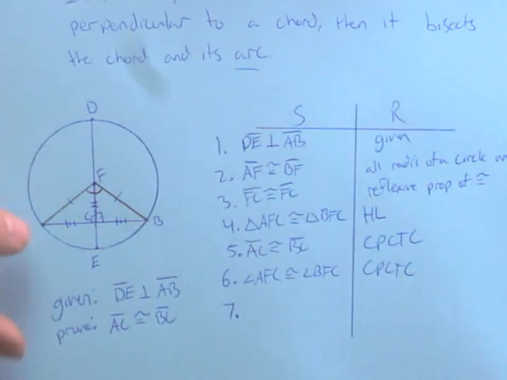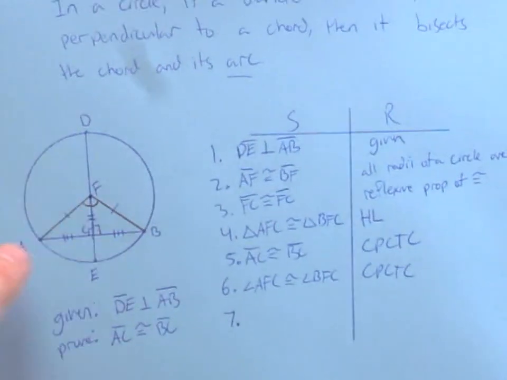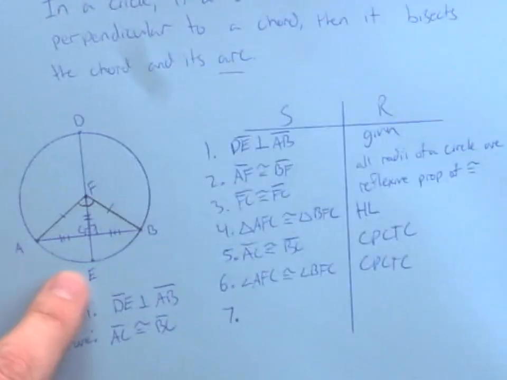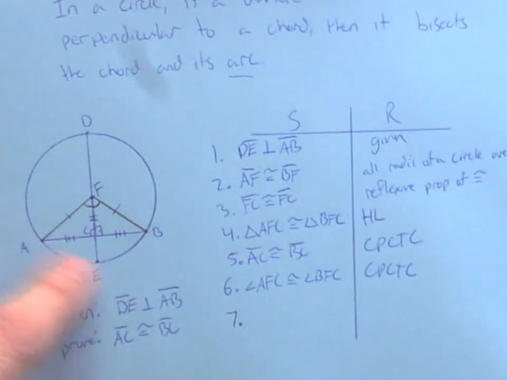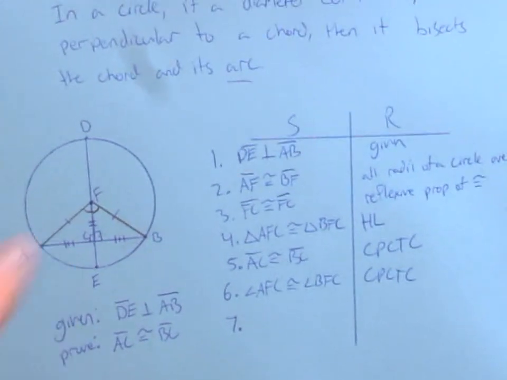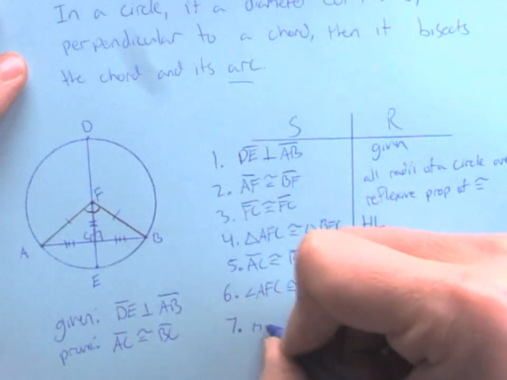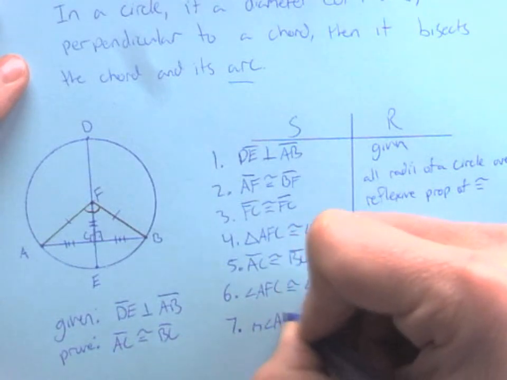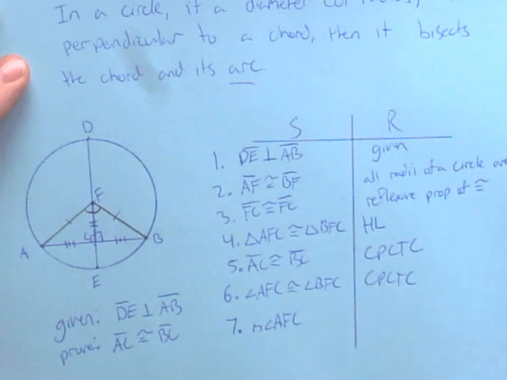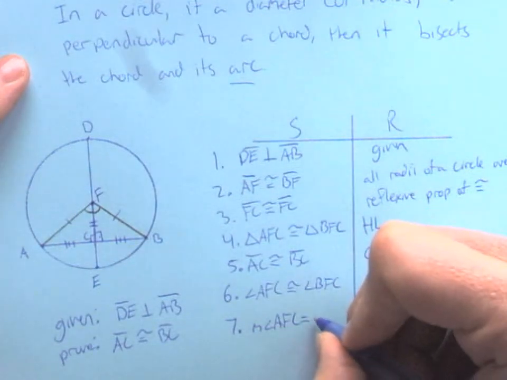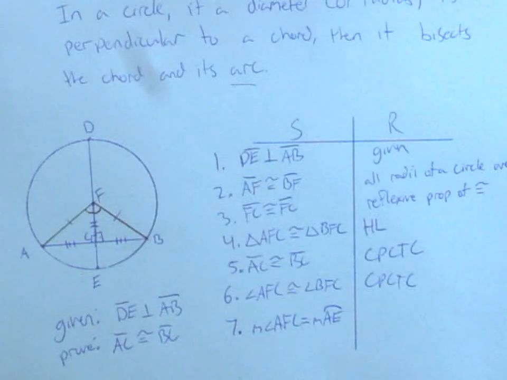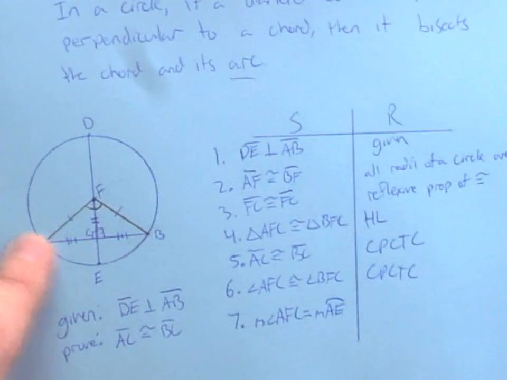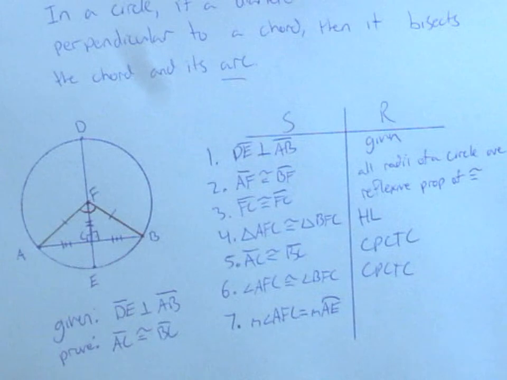We also know that the measure of angle AFC is equal to the measure of arc AE, because remember, a central angle is equal to the measurement of the arc. So this arc measurement and that angle measurement are the same.